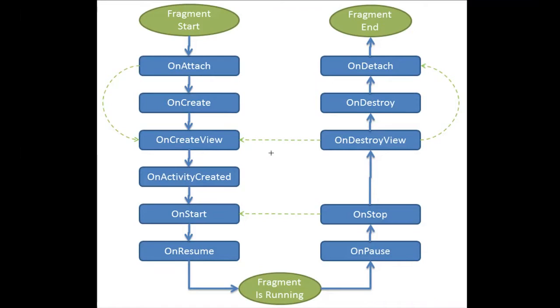Let me not confuse you too much. Don't think about the part without the UI right now. Just concentrate only on the UI part. A fragment is something which has the user interface and which has the behavior. I'll give you an example for the other ones a little later. Okay, fine.